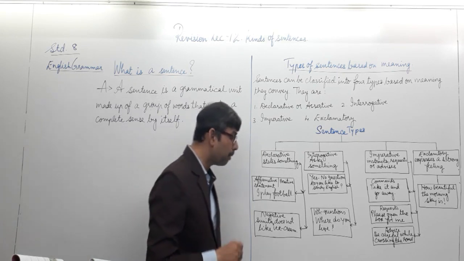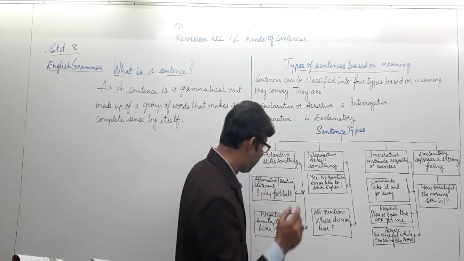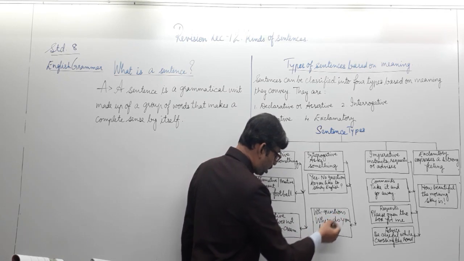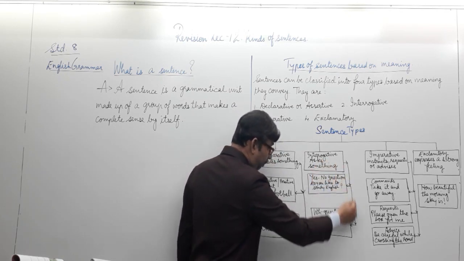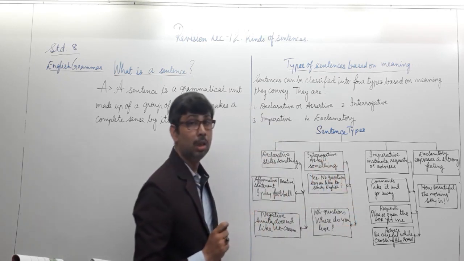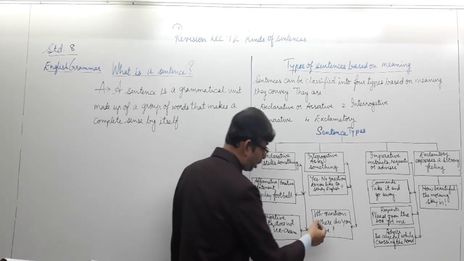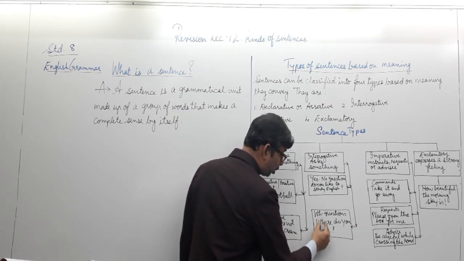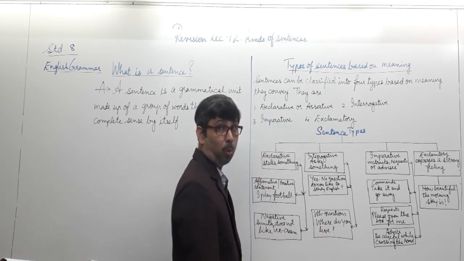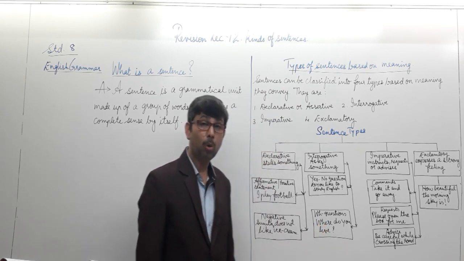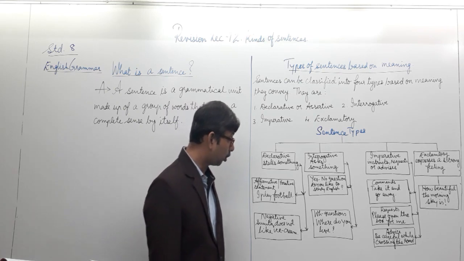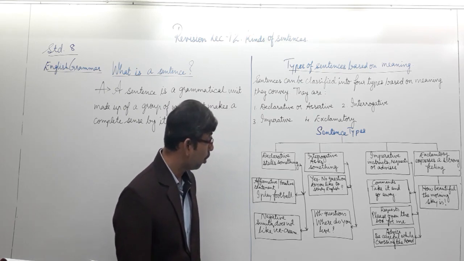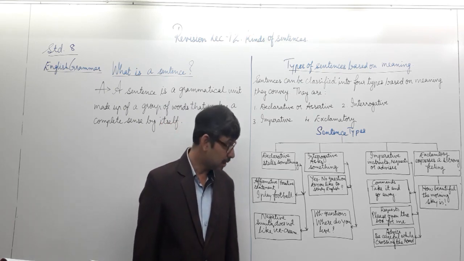So how is also a member of the WH question family. So WH questions are the second type of interrogative sentences, which start with words like where, having WH in the beginning. So where, when, why, what, how.